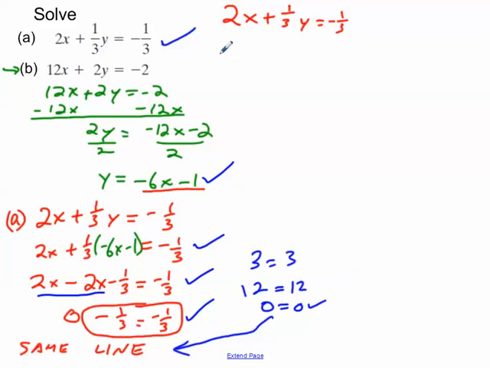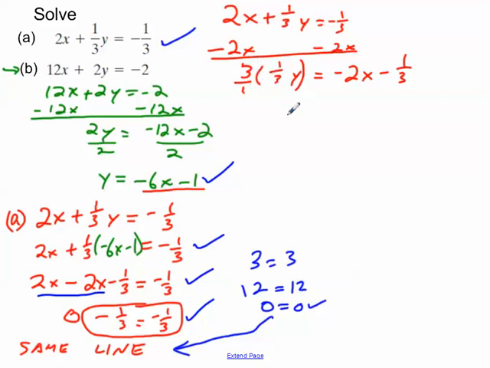X's have to go to the other side, so we subtract 2x, and say that 1/3 y equals negative 2x minus 1/3. Now we'd have to multiply on the left side by 3, or multiply by the reciprocal. So multiply by 3 over 1, because 3 over 1 times 1/3 gives us just 1y on the left side.